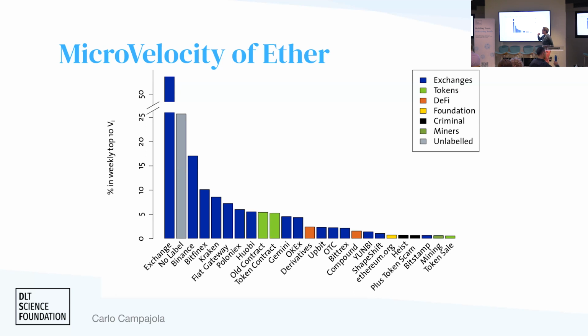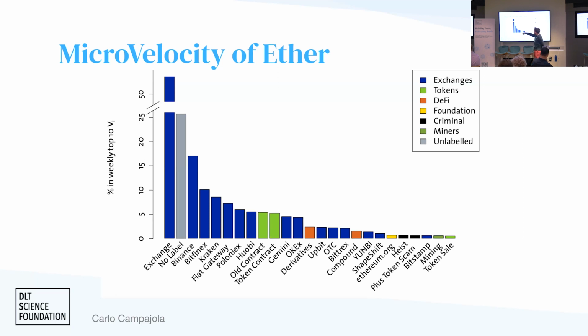Okay, so if you look at the left here, basically 55% of the times you have exchanges as top 10 contributors to the total velocity, and then moving on, this is any exchange. Then you have all different exchanges, you have Binance, Bitfinex, Kraken, and so on.